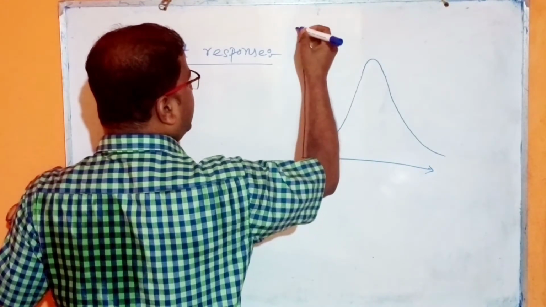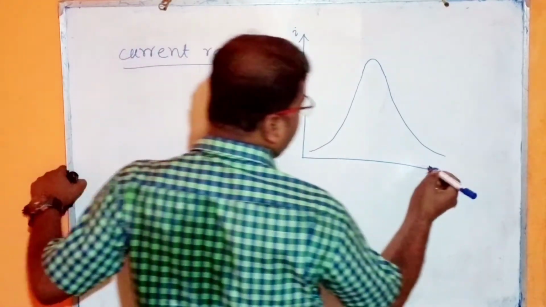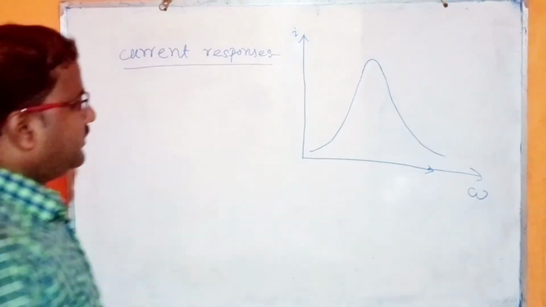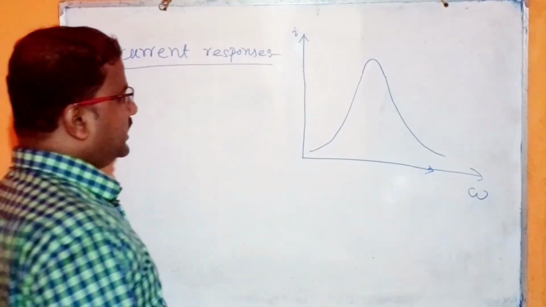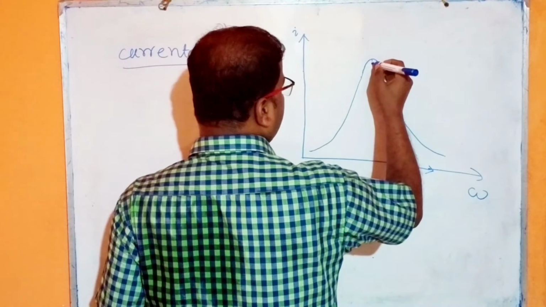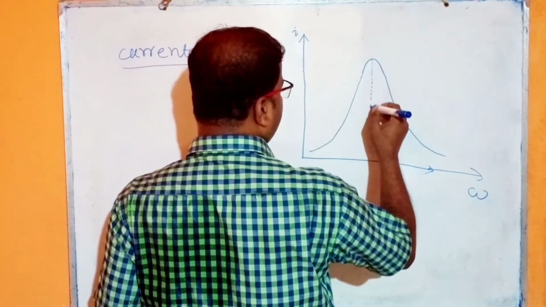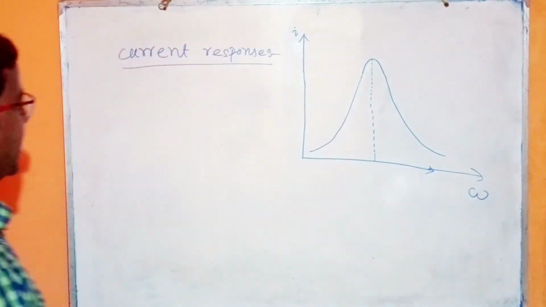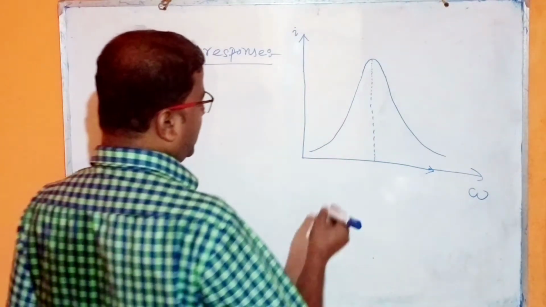Here the current varies according to the frequency applied in the LCR circuit, and we see that at resonance condition the current is maximum.